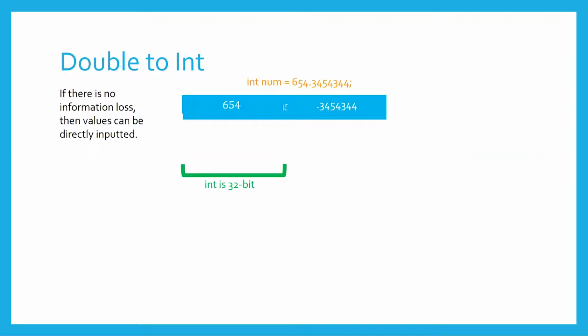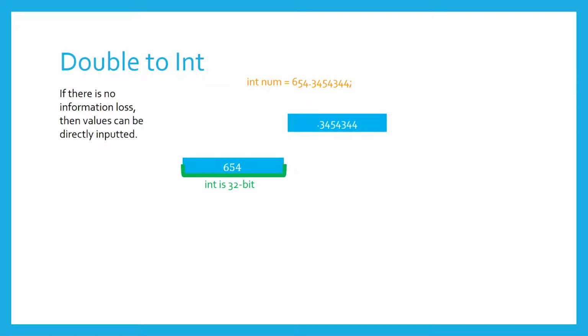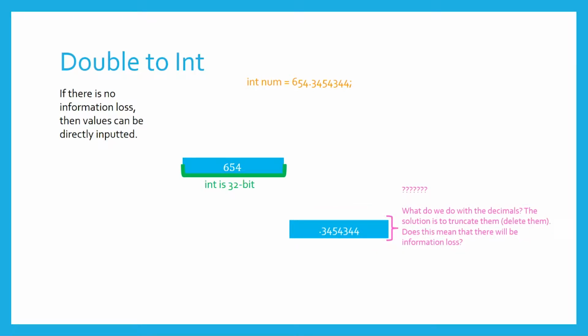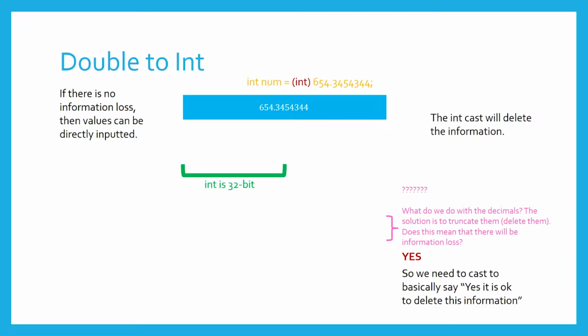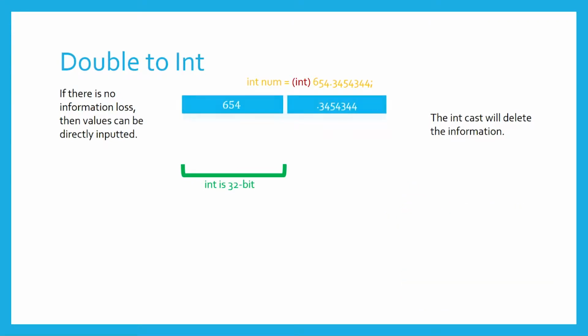However, if we're casting a double to an int, there will be some kind of information loss. Notice here that 654.3454344 gets changed. Notice that 654.3454344 doesn't fully fit into the integer data type, since it can only hold whole numbers. So we need to cast this.